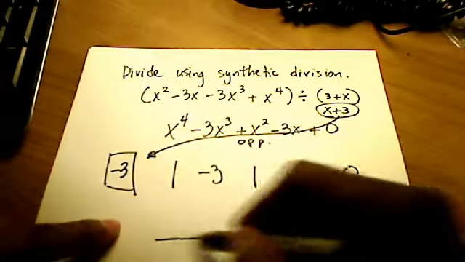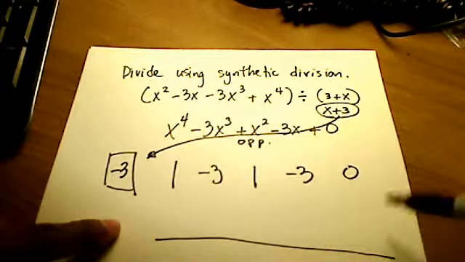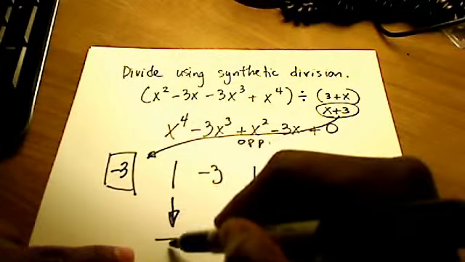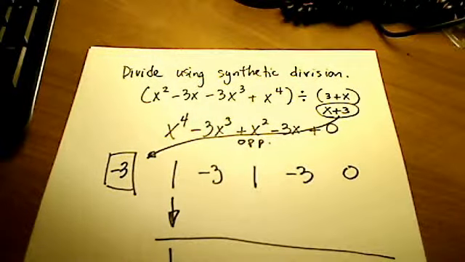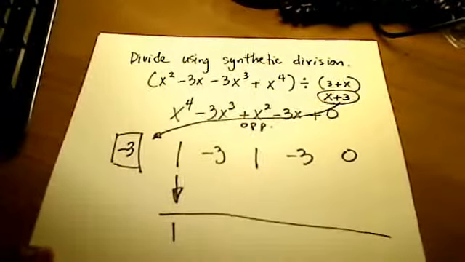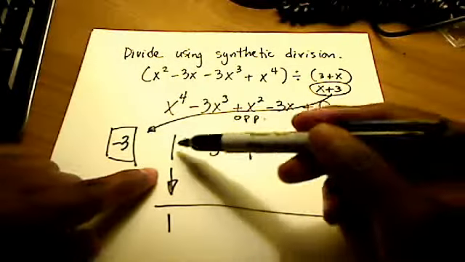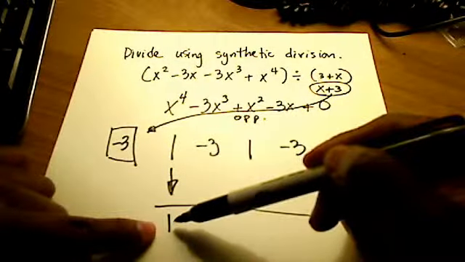Okay, here's how synthetic division works. There's our setup. That first number always and automatically just comes on down as it is. Let me just scoot this so you can see it a little bit better. All right, so that first number comes down exactly as you see. And then here's the process. Multiply these two, this negative 3 times 1, and then add this column here, which is a negative 6.